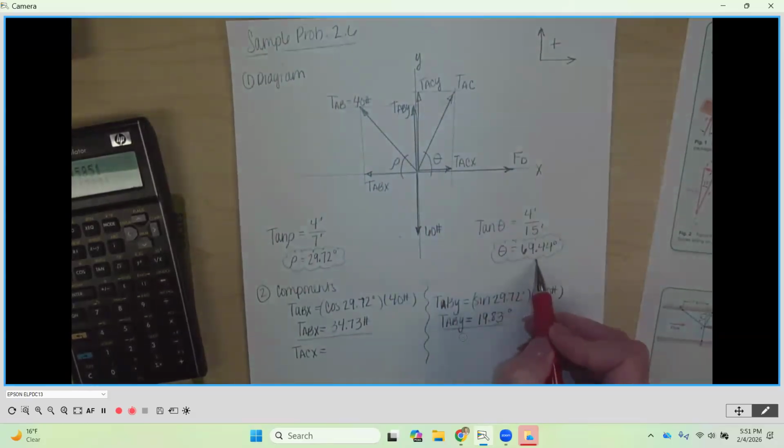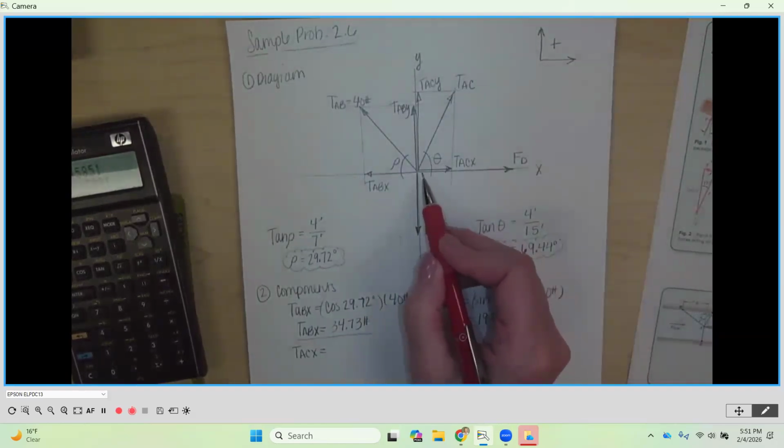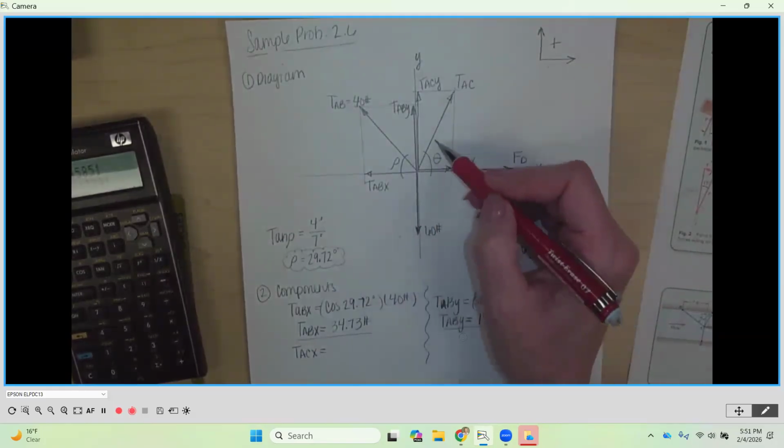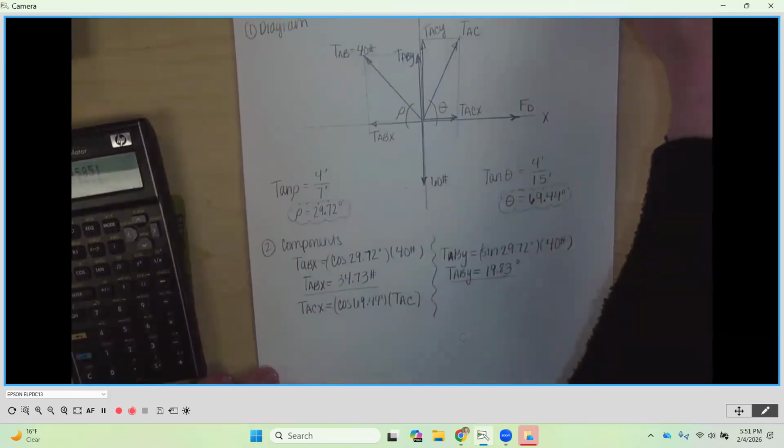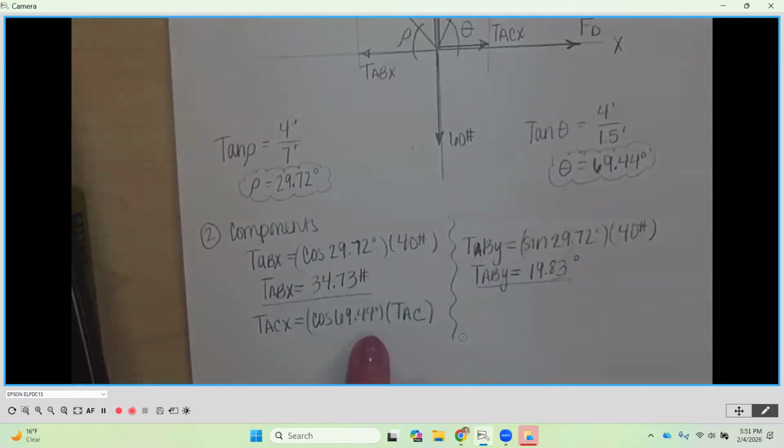So theta is 69.44, and that is going to be using the cosine function because this is a side adjacent and this is our hypotenuse. So cosine of 69.44 degrees times TAC. We're just going to find the decimal equivalent of the cosine of 69.44, and then we're going to leave it in terms of that hypotenuse.